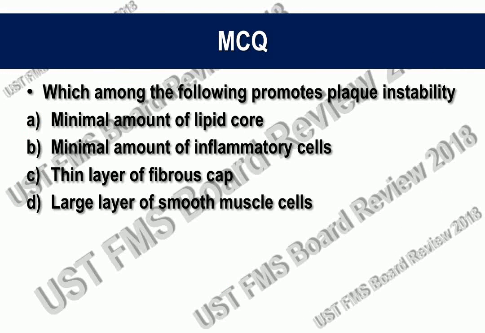Multiple choice. Which among the following promotes plaque instability? So is it a minimal amount of lipid core, minimal amount of inflammatory cells, a thin layer of fibrous cap, a large layer of smooth muscle cells? This is in fact also stated in your pathology.